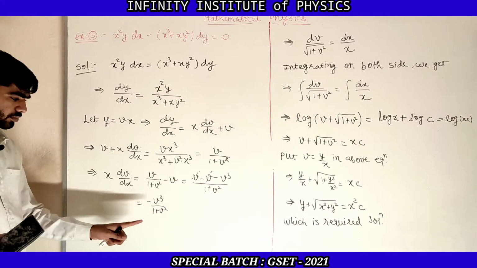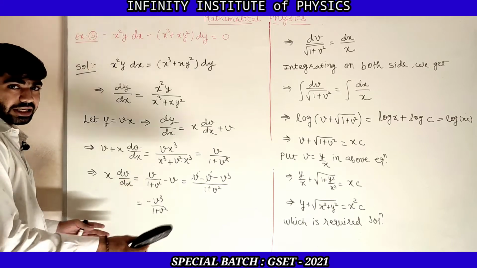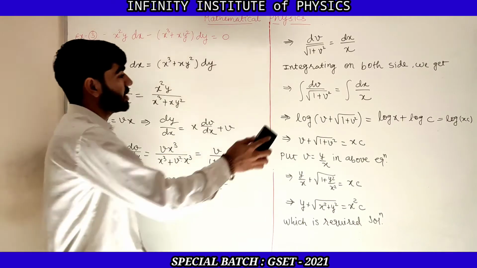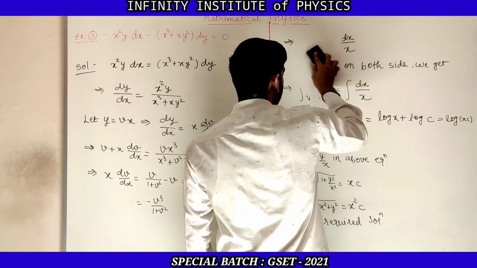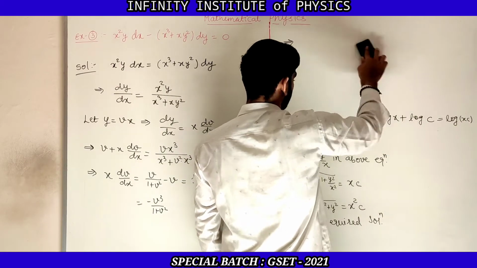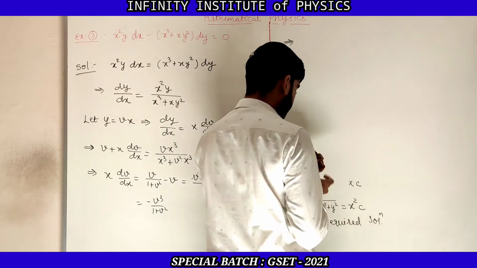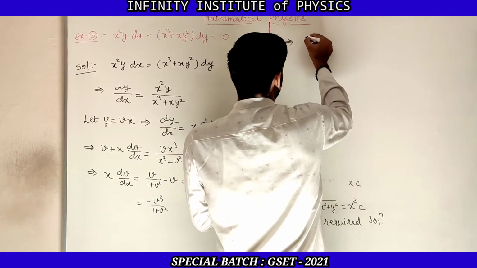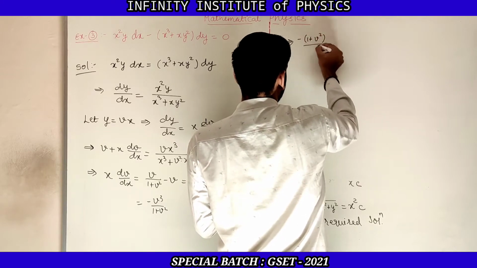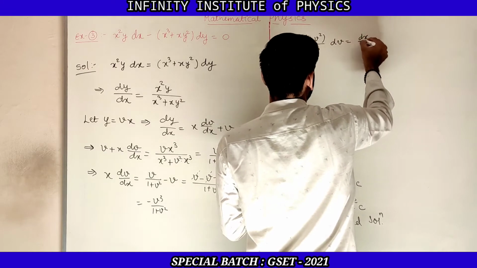And now let us take this term, minus v cube by 1 plus v square, on the left hand side, and let us take x upon dx on the right hand side. Then we can rewrite this as minus of (1 plus v square) by v cube dv, which is equal to dx upon x.